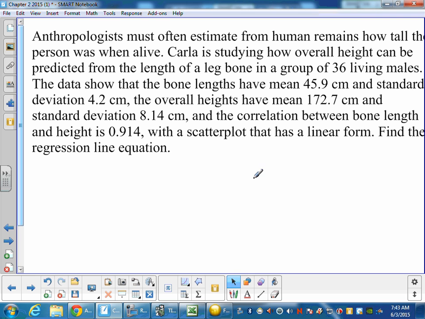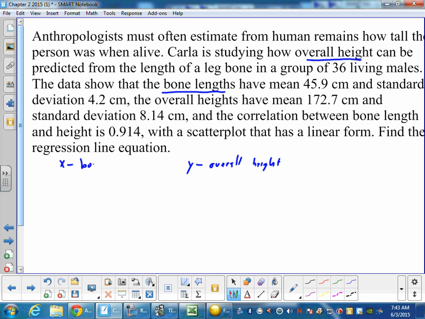Now we want to find the linear regression. So let's write the data. Here's our x variable. Let's think about explanatory and response. She wants to predict the overall height, so that's over here, and she wants to do that from bone length.